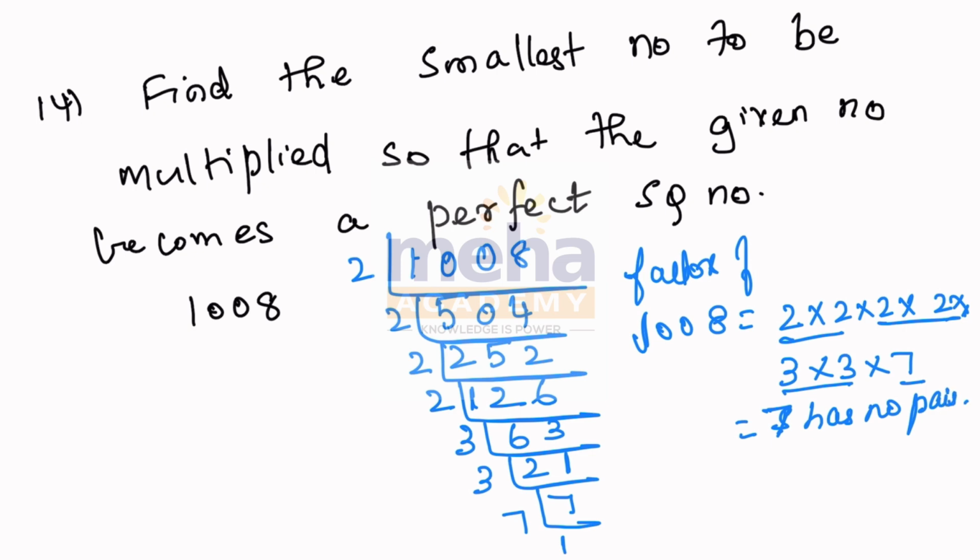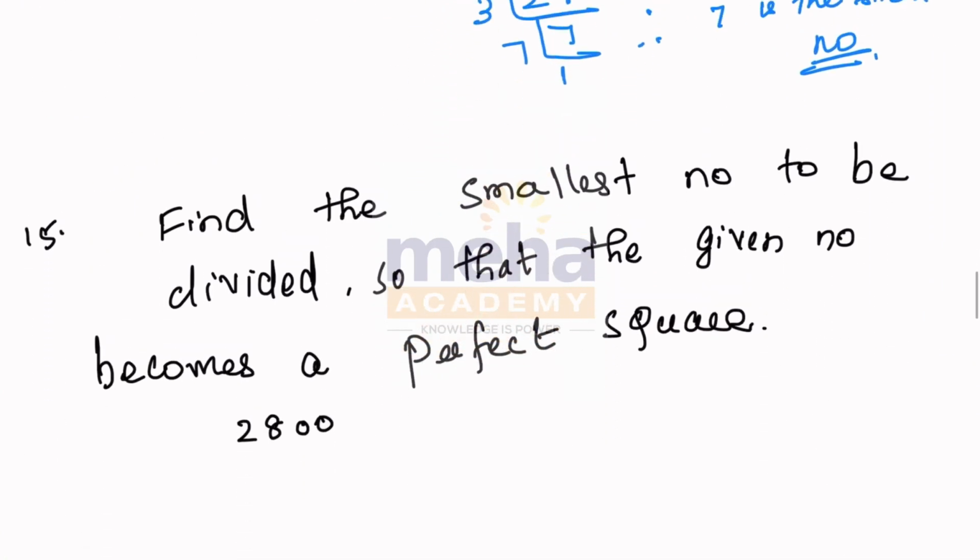So for pairing 7, we have to multiply 7 with 1 more 7. So therefore the answer is 7. So 7 is the smallest number. Whichever number is left out, we try to pair it, and that number becomes the answer for the smallest number to be multiplied.